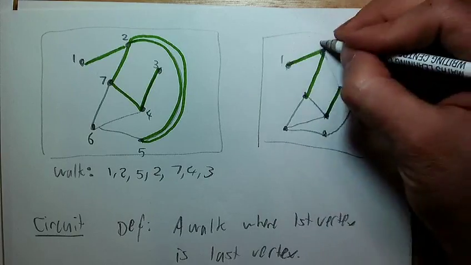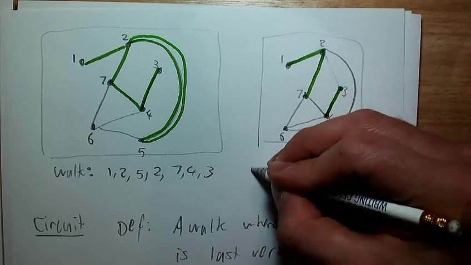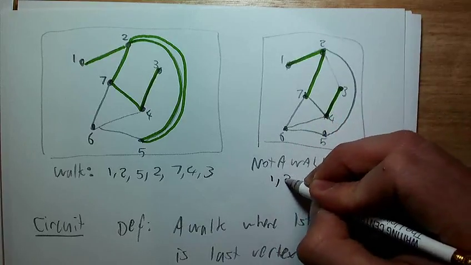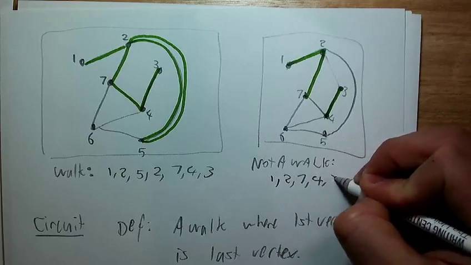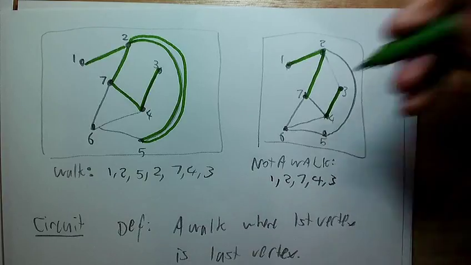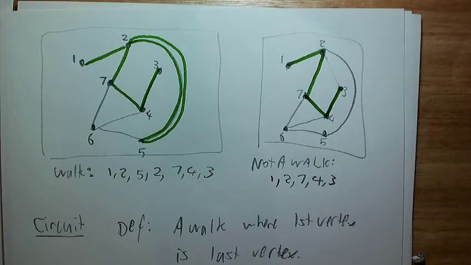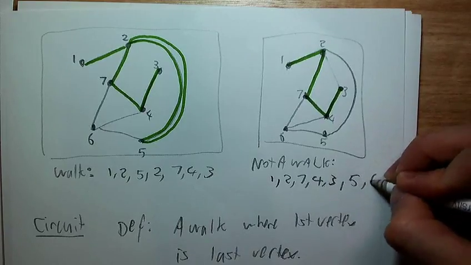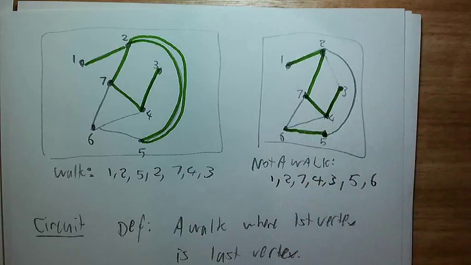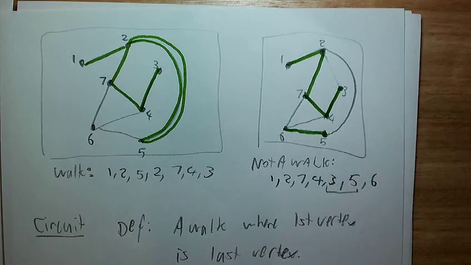So if I listed 1, 2, 7, 4, 3, 5, it's not a walk because there's no path that goes from 3 to 5.